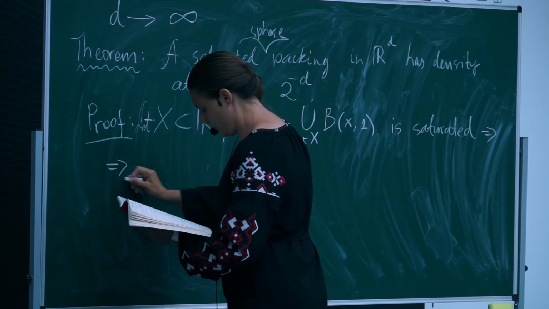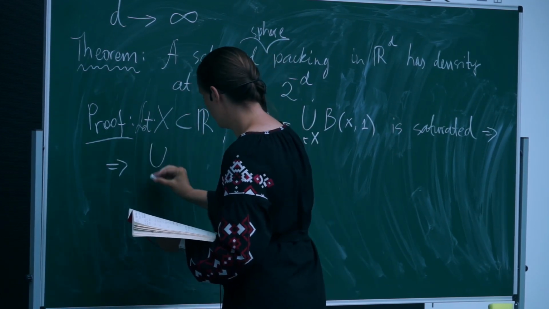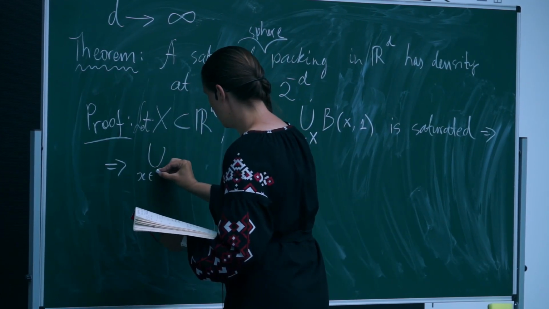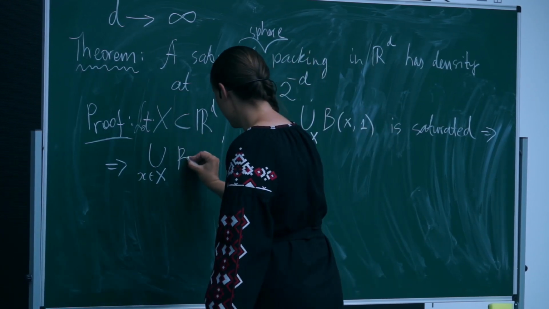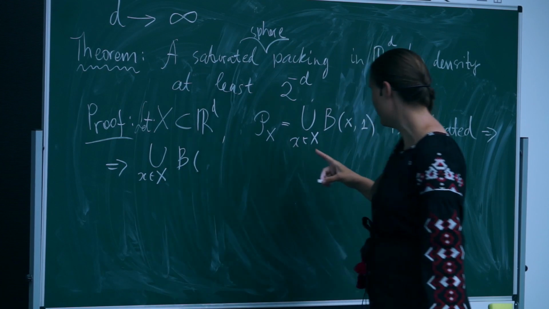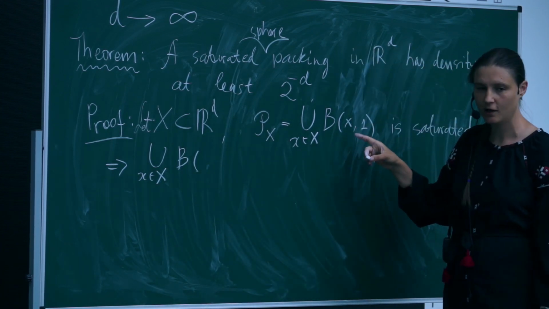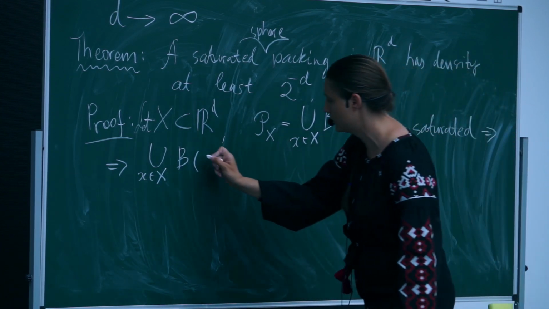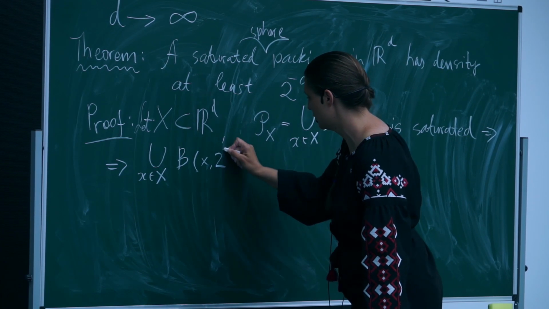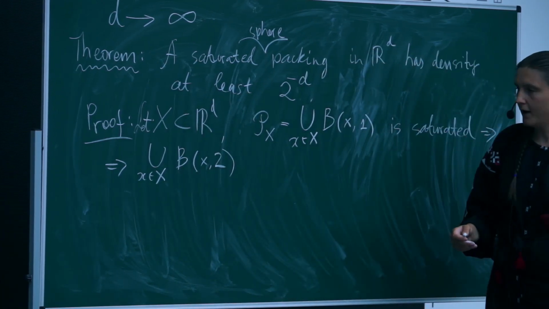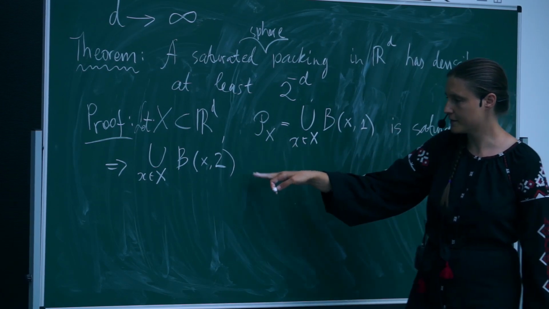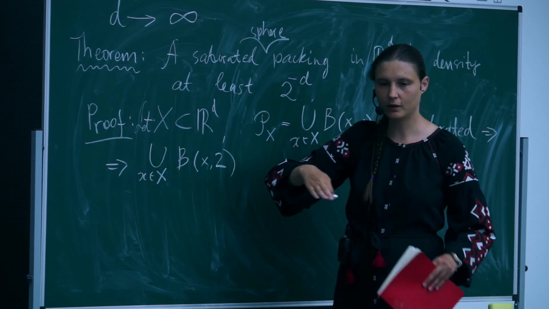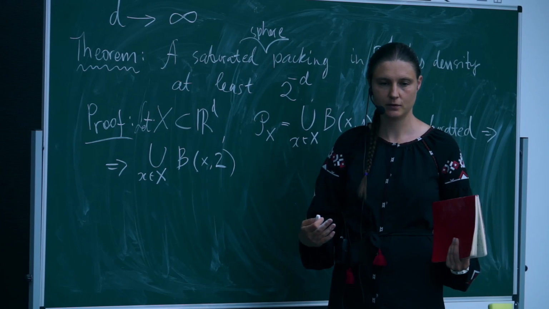Now let's consider the union of balls with the same centers and radius twice bigger. If this packing is saturated, it means that these balls will cover all the space.